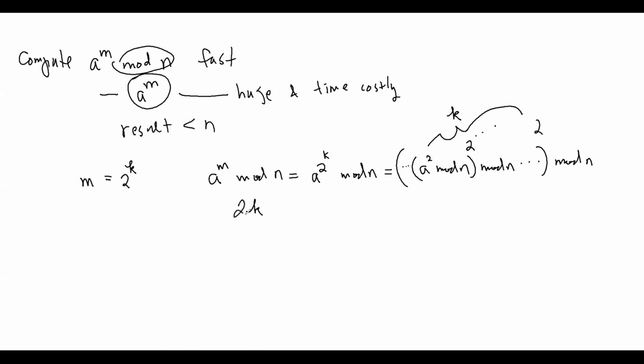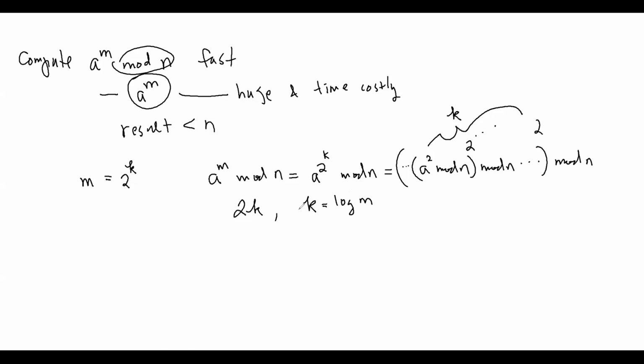Here k is just log base 2 of m. So it is a much faster algorithm doing it this way.